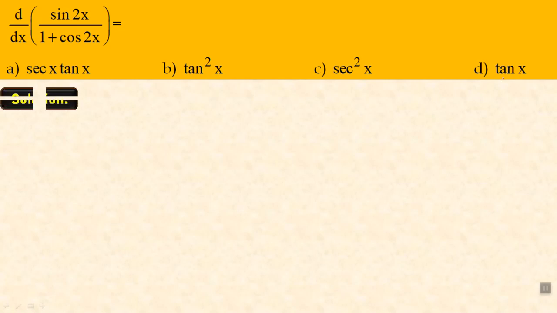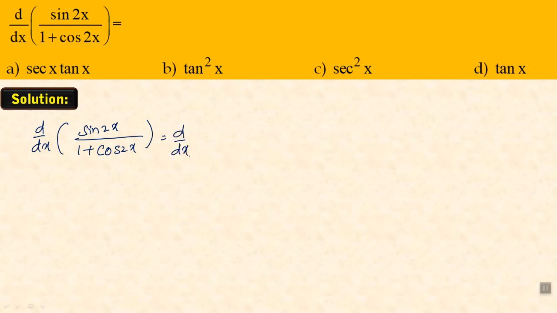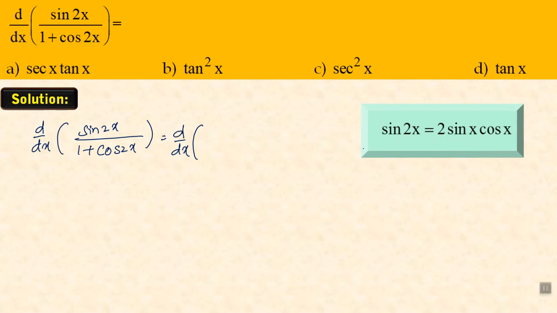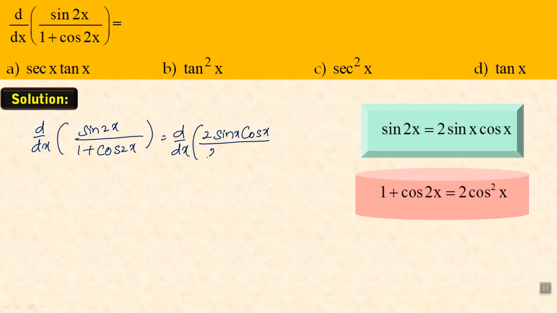Let us find this. d by dx of sine 2x divided by 1 plus cos 2x is equals to d by dx of sine 2x. We know that sine 2x is equals to 2 sine x into cos x divided by 1 plus cos 2x is equals to 2 cos square x.